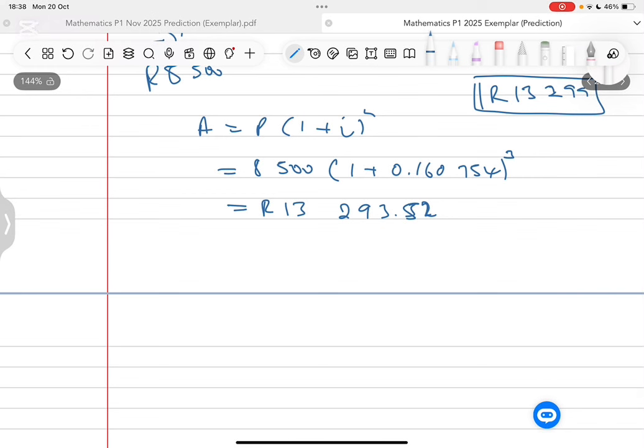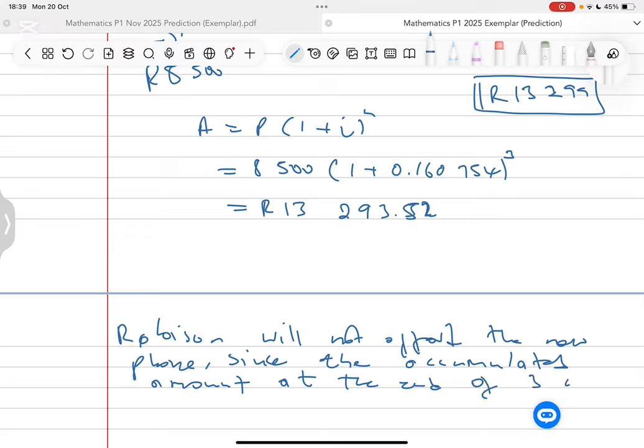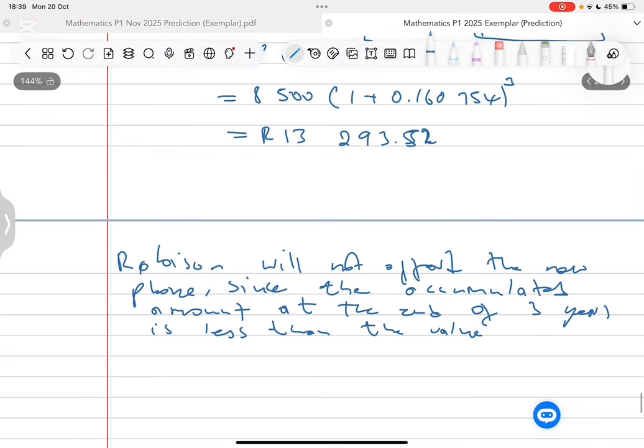So here it means for us to answer the question, we will say here that Robinson will not afford the new phone since the accumulated amount at the end of 3 years is indeed less than the cost or the value of the phone.